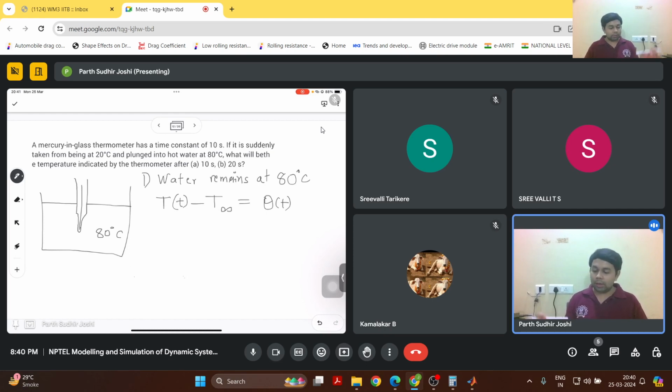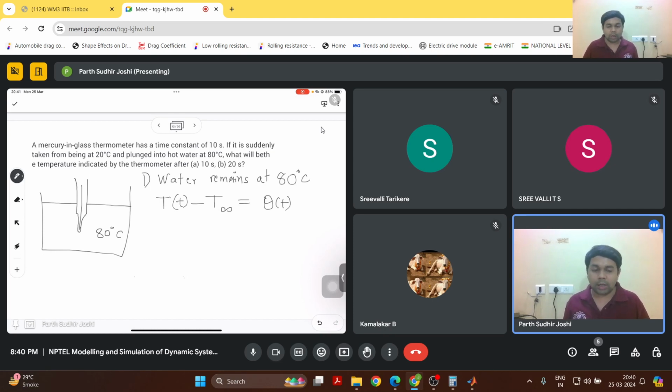As we dip the thermometer, there will be some heat transfer from the water to the thermometer, and then the mercury in the thermometer will expand, and the temperature indication will gradually increase, and finally it will reach the actual value of 80 degrees Celsius after some time.